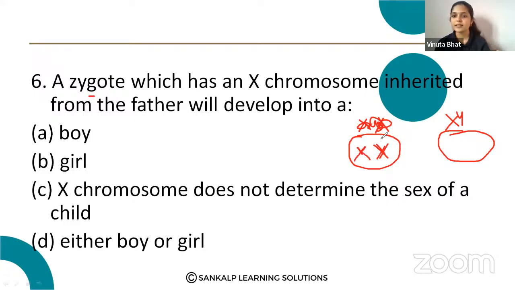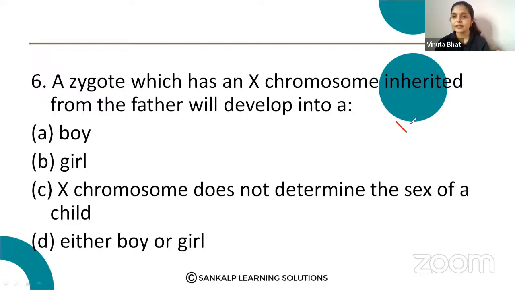So the resultant will be XX. The zygote having the chromosomes XX means the zygote will develop into a female. You know that XY is male, XX is female. Already you know that X is from the father, and the mother always has the X chromosome. So the resultant will develop into a girl, right?